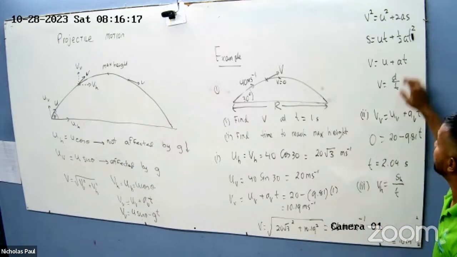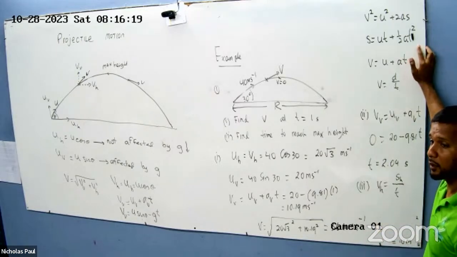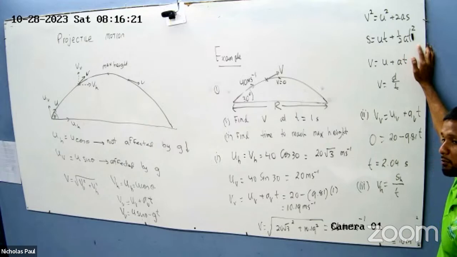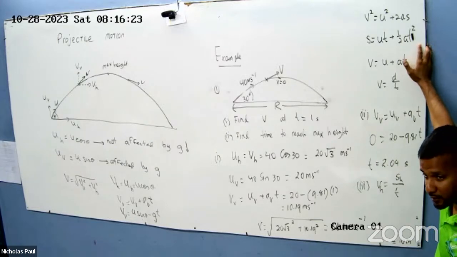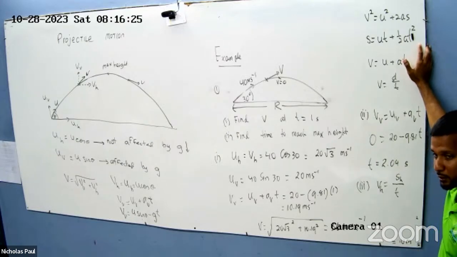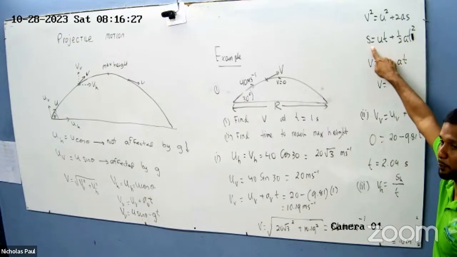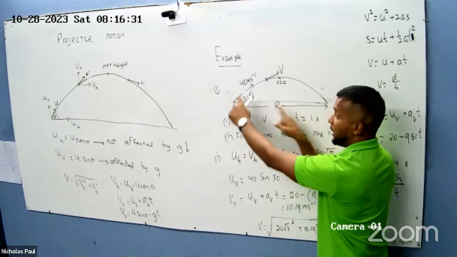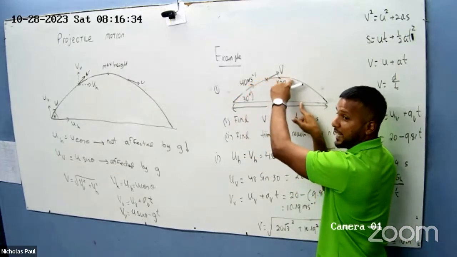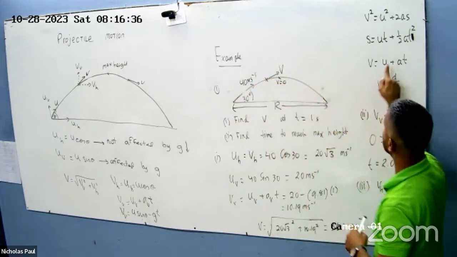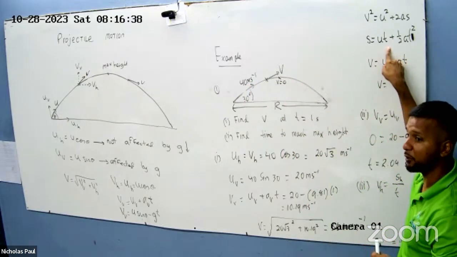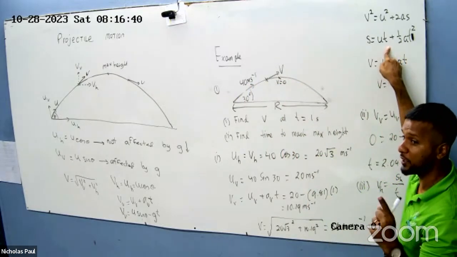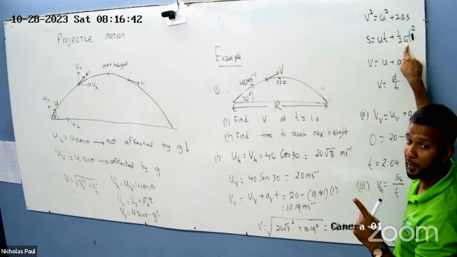Why can't I use this? Anybody can tell them why? Because this is vertical displacement. I want horizontal. If I ask for vertical displacement, then you use it. How do I know it's vertical? Because I have acceleration in it.